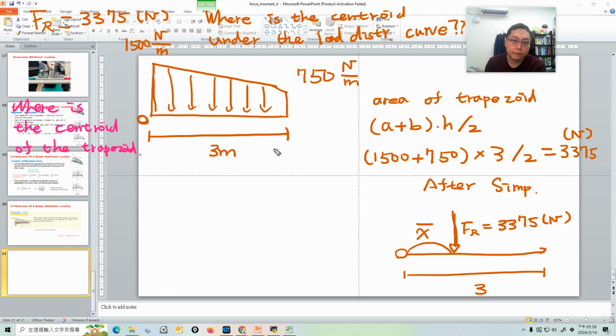In the previous video I also introduced that if you have a complicated shape, we can divide the complicated area into very small and simple areas, and use them to calculate the centroid of the complicated area.